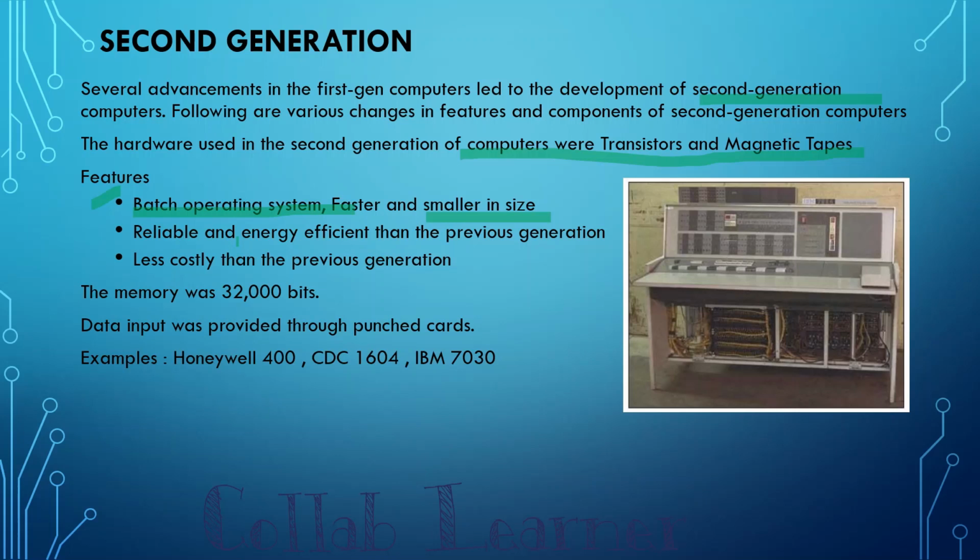Next, it was less costly than the previous generation and its storage capacity was increased by 8 times from the previous one. For the input, we still used punch cards as in the previous generation. Some of its examples are Honeywell 400, CDC 1604 and IBM 7030. This is an image of a second generation computer.